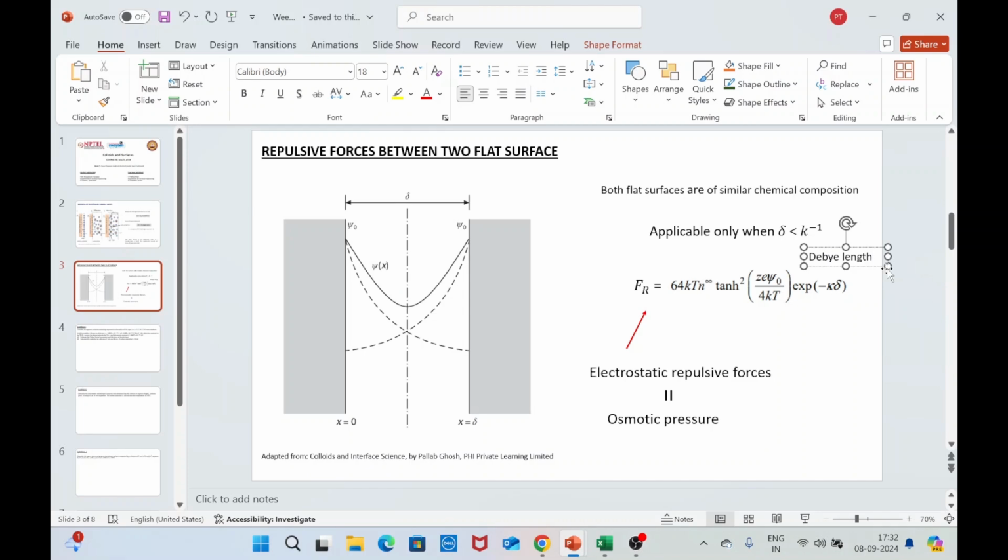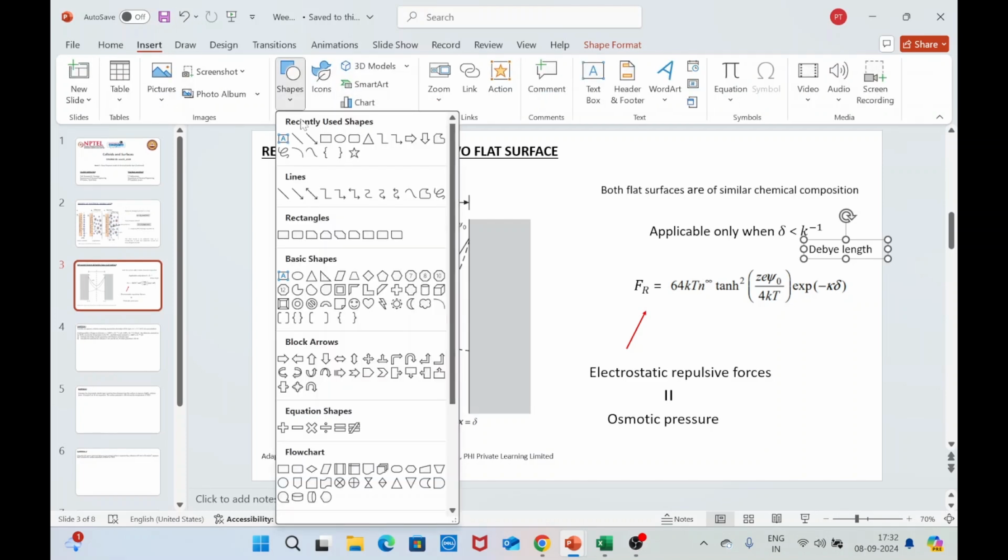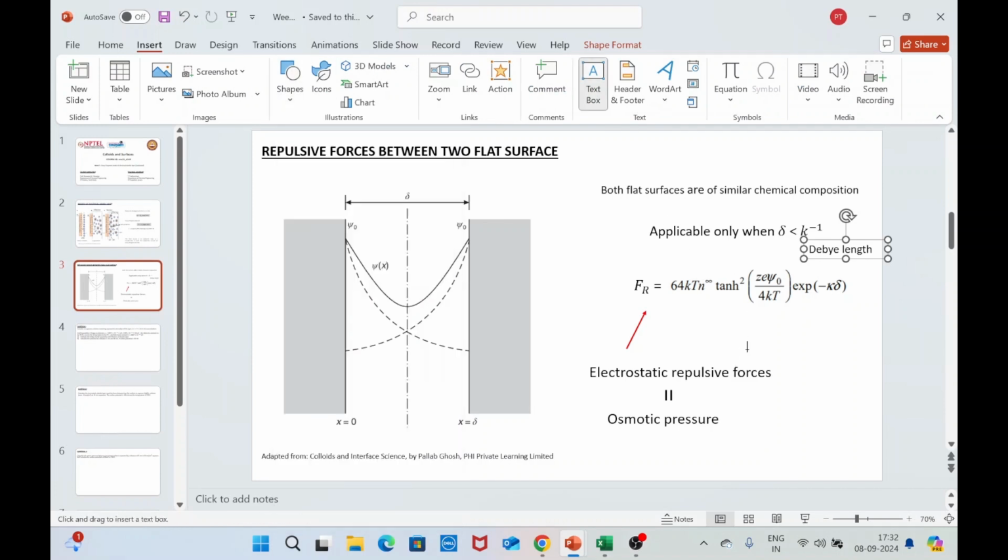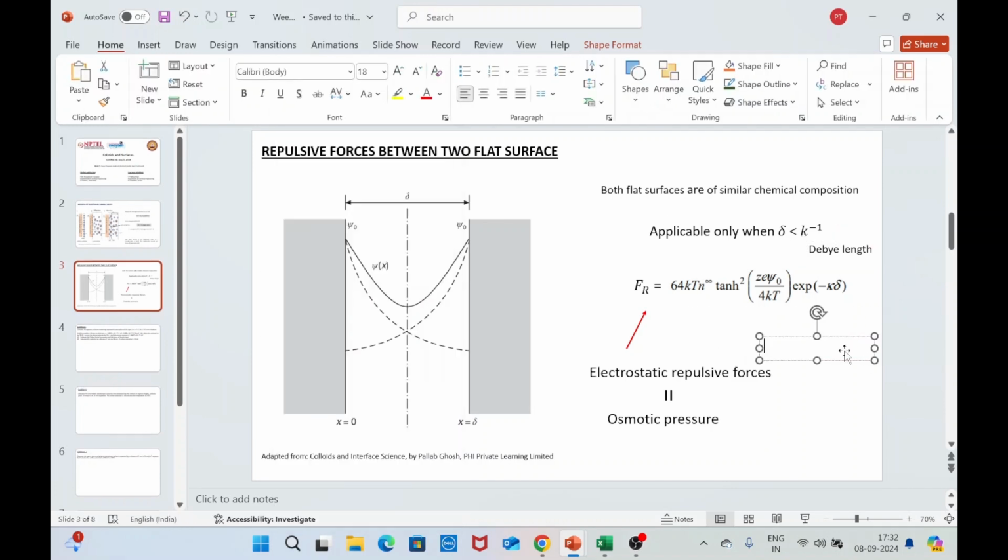Previously I also told you that if you are unable to remember, just remember the units. The unit of kappa is meter inverse and the unit of kappa inverse is meter. So if you remember kappa as meter inverse, then kappa inverse will be meter.